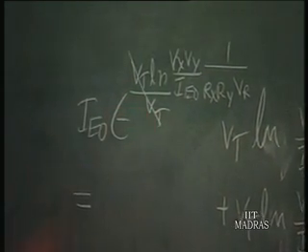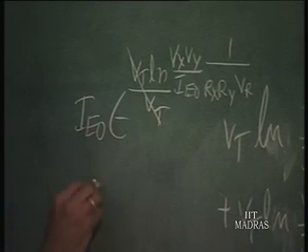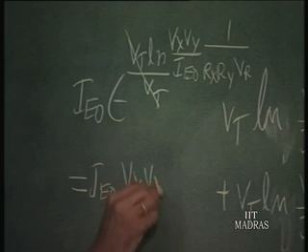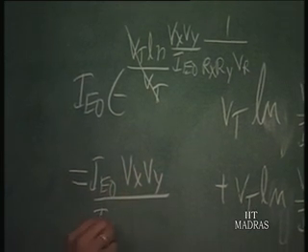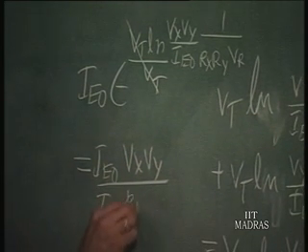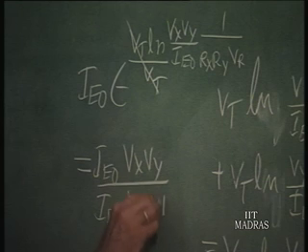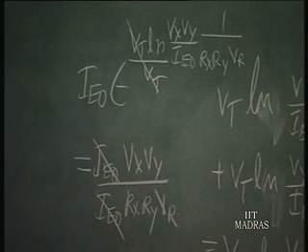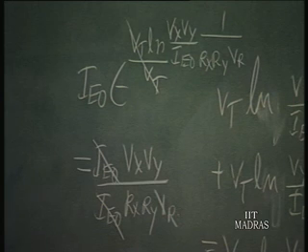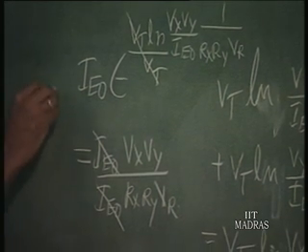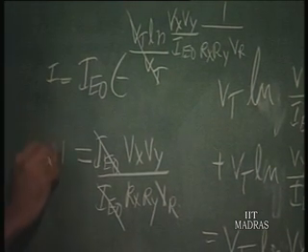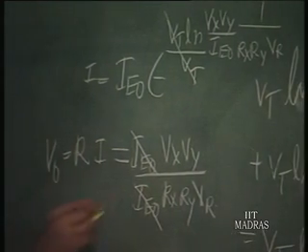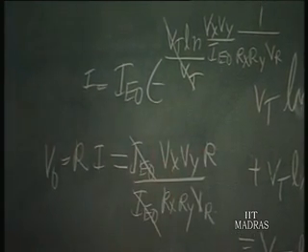So, this gets cancelled, exponent ln, again this is nothing but IE naught, Vx Vy divided by IE naught Rx Ry into Vr. So, again IE naught gets cancelled. So, you will see that this is the current I. So, this current I into R is the voltage output, and therefore that into R.